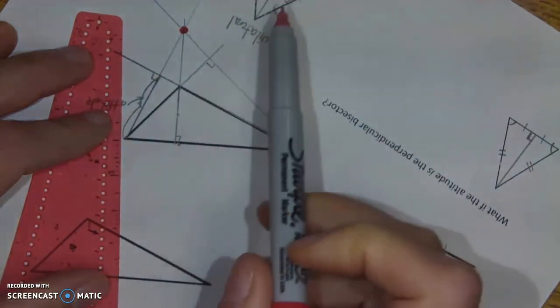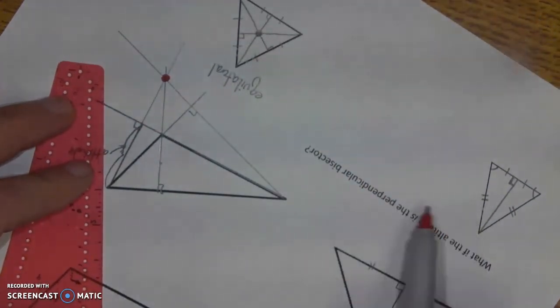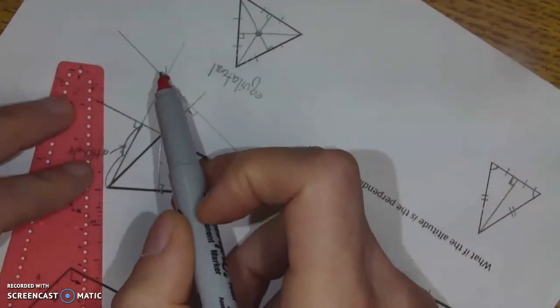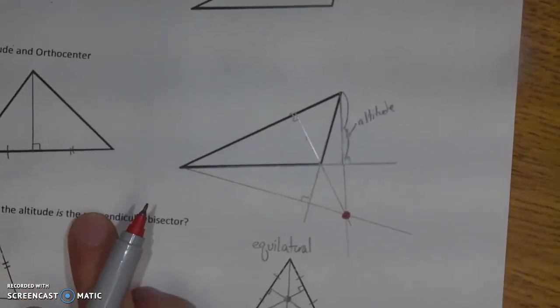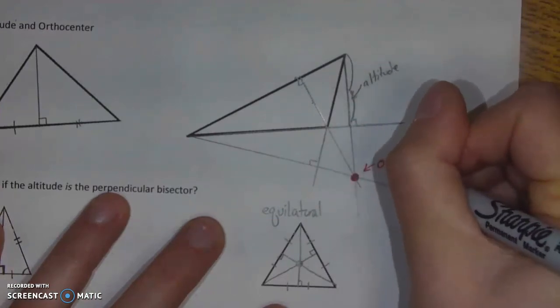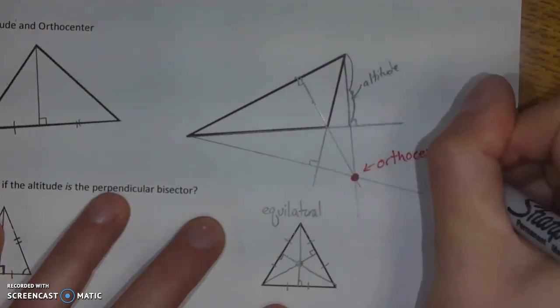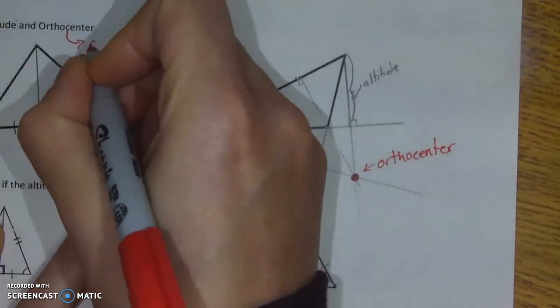And that point could take place inside the triangle, like where we have that equilateral, and even the isosceles, that will take place inside the triangle, or it could be outside. It doesn't much matter. What does matter is that they all come together to that single point, which is called the orthocenter. And the orthocenter is just where the altitudes intersect.